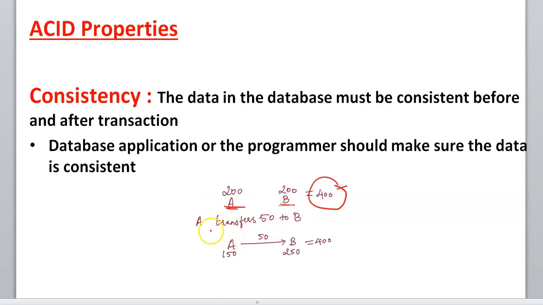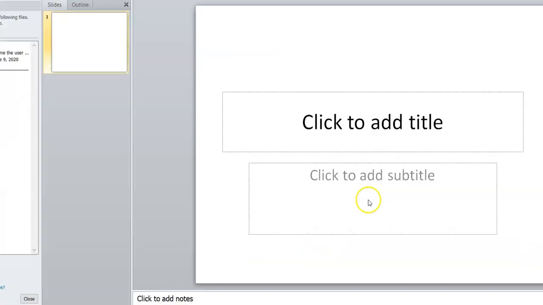Now let us say A has to transfer rupees 50 to B. After transferring, A is left with 150, but B has 250 rupees in its account. Still the total value remains the same, and that is consistent data. So the data in the database should be consistent before and after the transaction. That is about consistency.